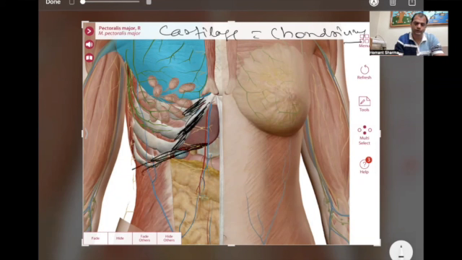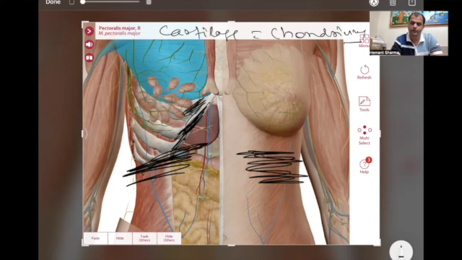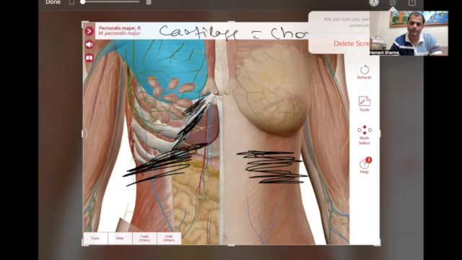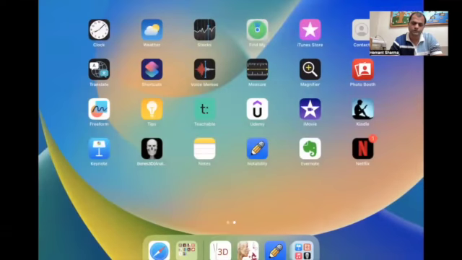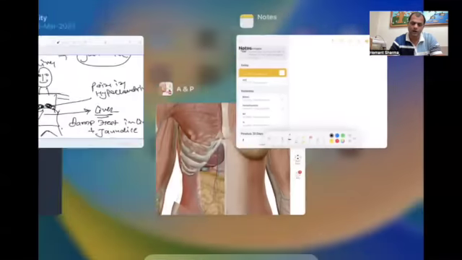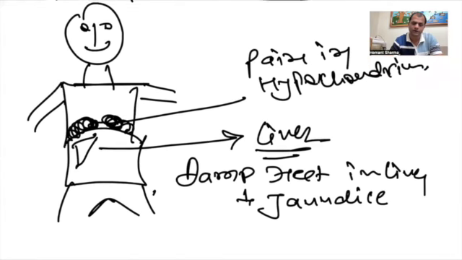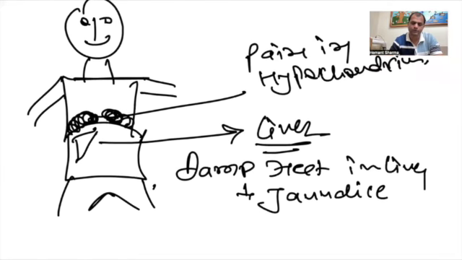So just below this area is called hypochondrium, meaning below the cartilage. Pain in the hypochondrium is the sign of liver disharmony. अगर किसी को hypochondrium में पेन होता है तो liver disharmony की निशानी है. So when there is damp heat in the liver, it will cause jaundice as well as pain in the hypochondrium.